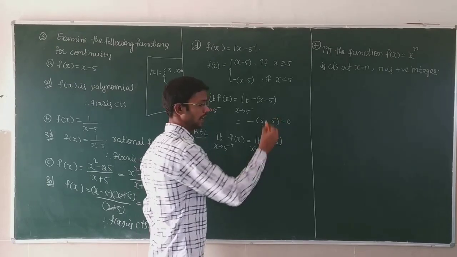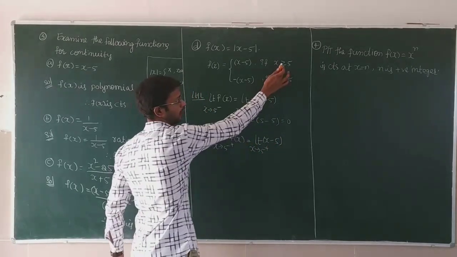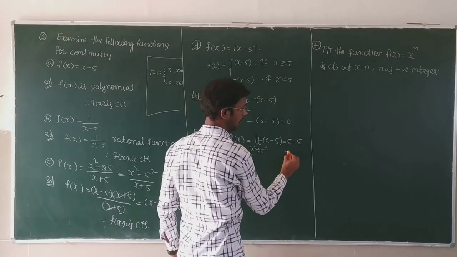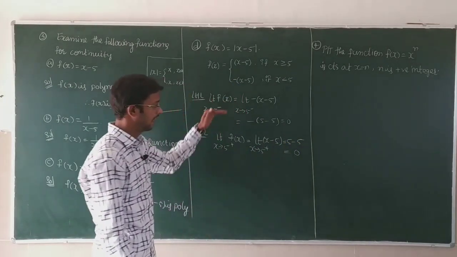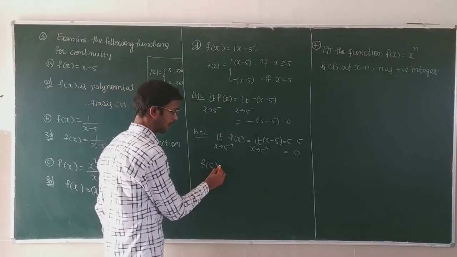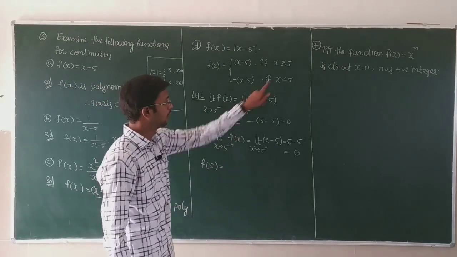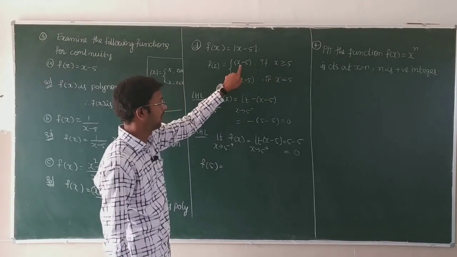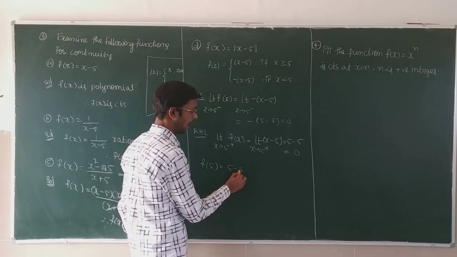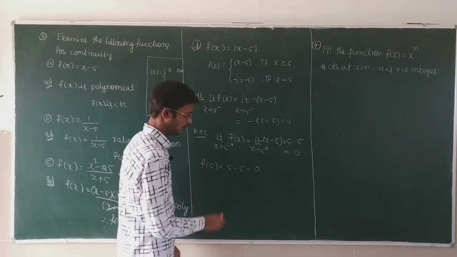So x minus 5 is the value, and this is equal to 5 minus 5, which is 0. LHL completed, RHL completed, now f of 5. f of 5 is x minus 5, substitute 5, 5 minus 5 is 0.